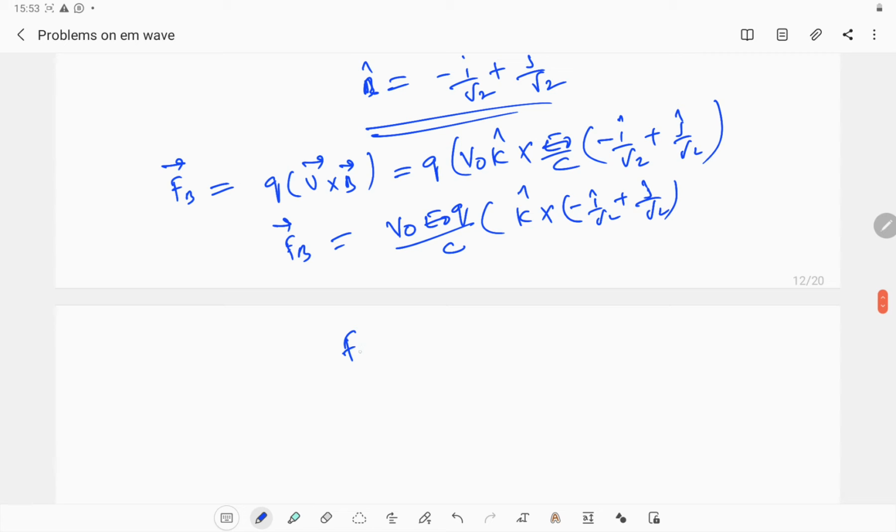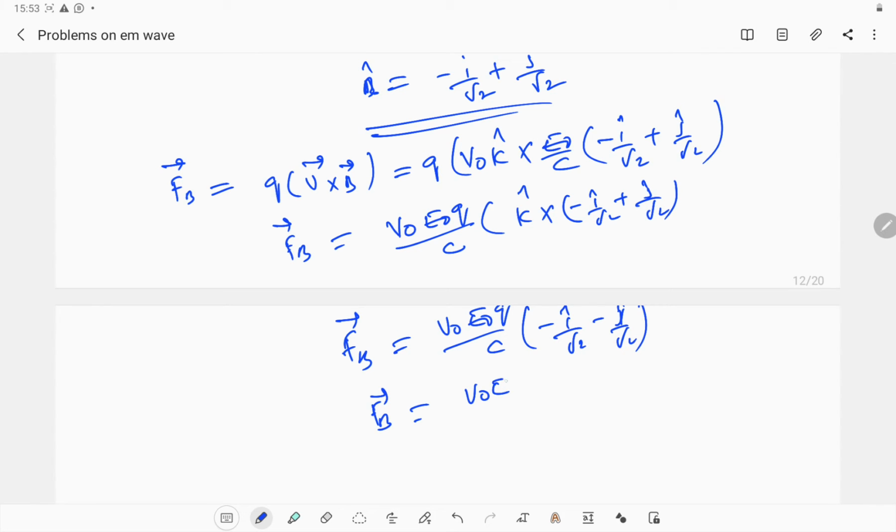After cross product, this B bar is equal to V naught E naught Q by C, and this becomes minus I by root 2 minus j cap by root 2. Therefore, Fp bar is equal to V naught E naught Q by C into minus of I by root 2 plus j by root 2.